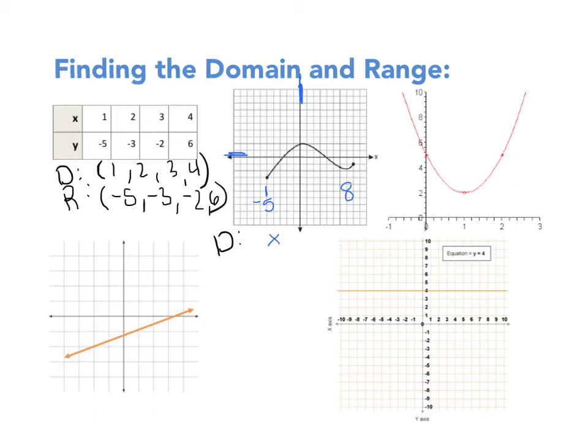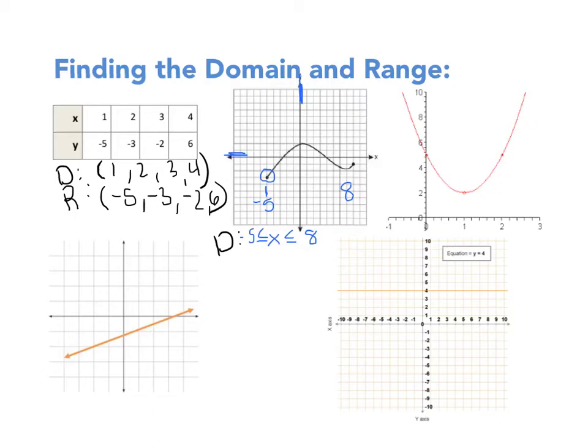So we write our x, and x is greater than or equal to, because of the filled in dot, -5, but it's less than or equal to +8. So let's look at that again. So x, the domain, is greater than or equal to -5, but less than or equal to 8. It's in between -5 and 8.